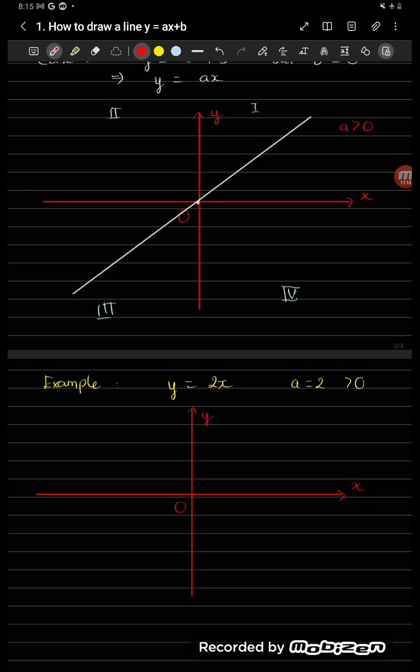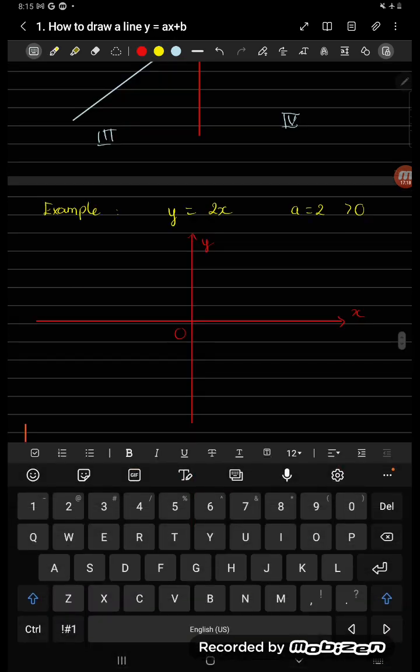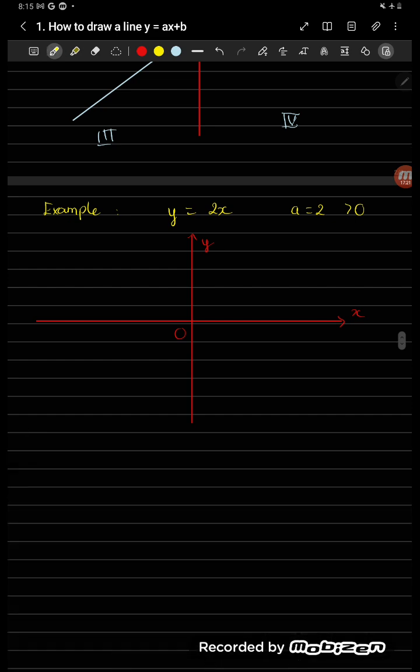We need to take another point: we just give a value of x, then calculate the value of y. Let's take a note here: we have an x value and a y value, and the equation of the line is y equal to 2x, so we must calculate y based on this formula.